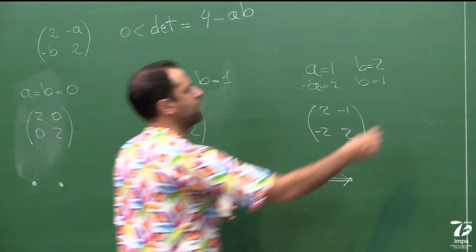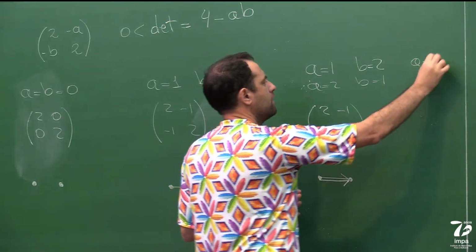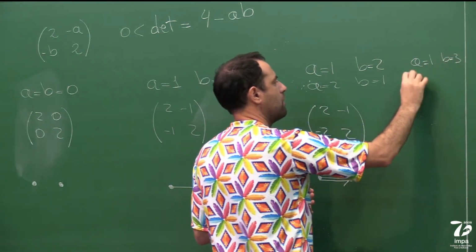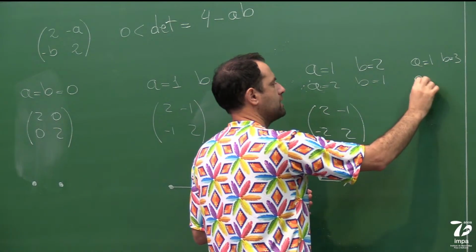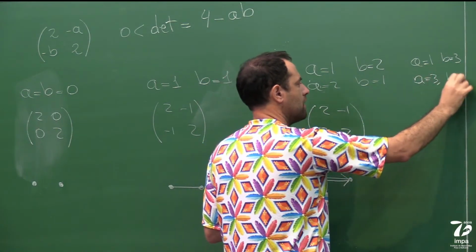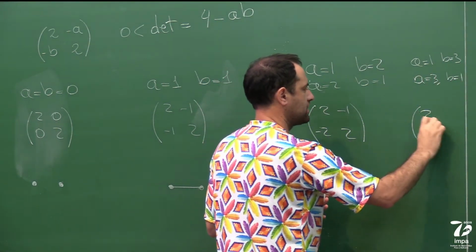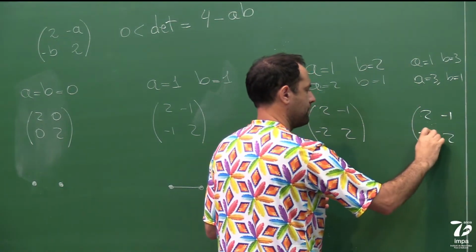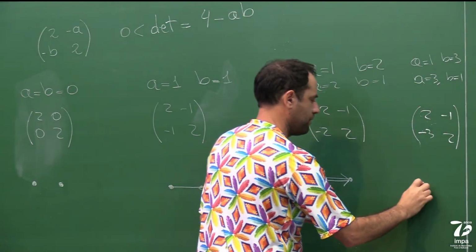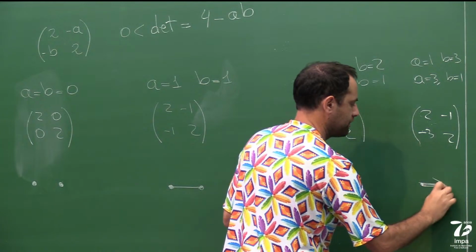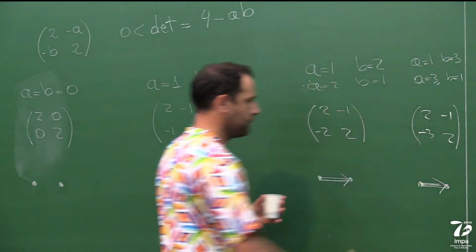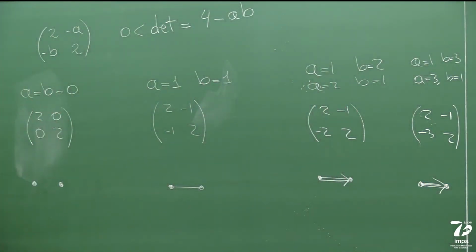And then we have the case A is equal to 1, B is equal to 3, or its transpose, A is equal to 3, B is equal to 1. The Cartan matrix looks like this. Then we have 3 arrows. And, well, you cannot continue like this forever.